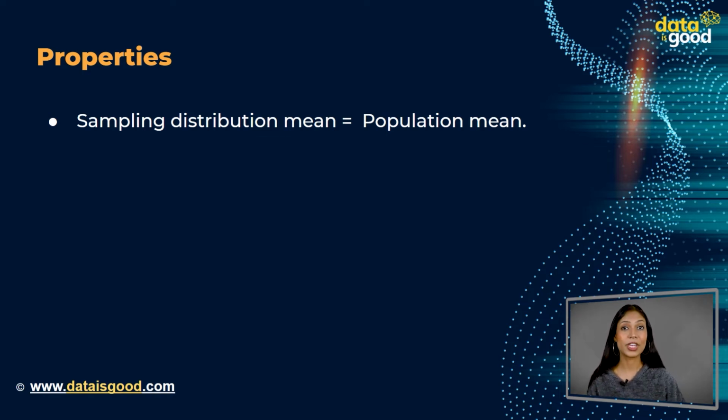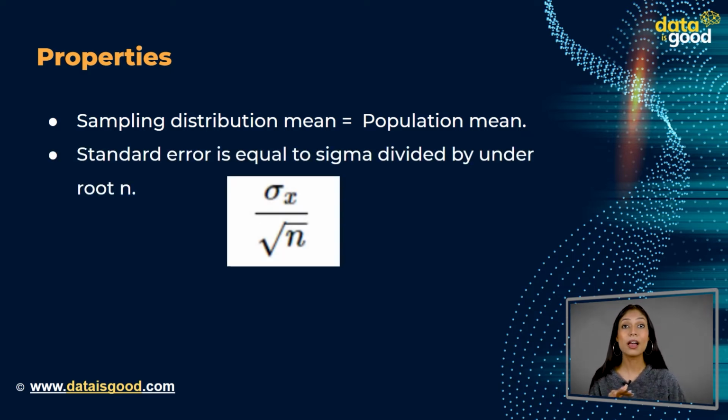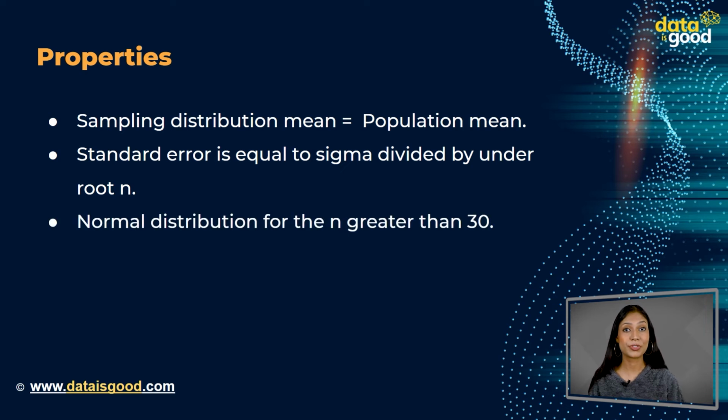The standard deviation of the sampling distribution, which is also called the standard error, is equal to sigma divided by the square root of n. In simple words, standard error is equal to the population standard deviation divided by the square root of the sample size. The sampling distribution becomes the normal distribution for n greater than 30.